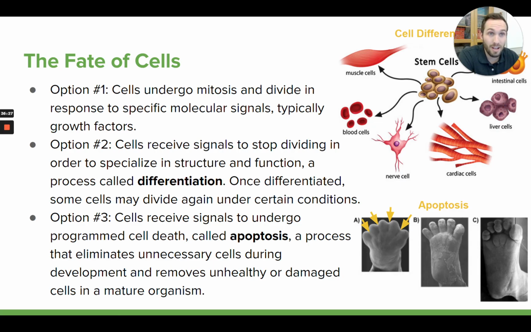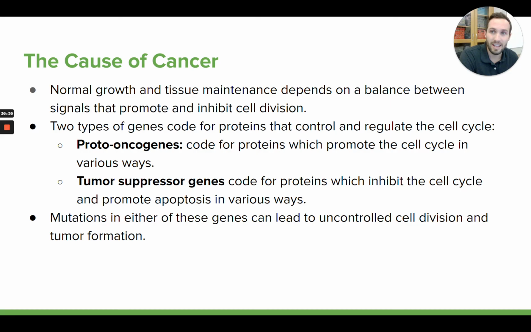So either a cell is going to be dividing, or a cell is going to be alive and not dividing, or a cell is going to go away and go through apoptosis. And then the very last thing in these notes is, since we're talking about the cell cycle and its regulation, we have to talk about cancer, because cancer is ultimately caused by uncontrolled cell division.